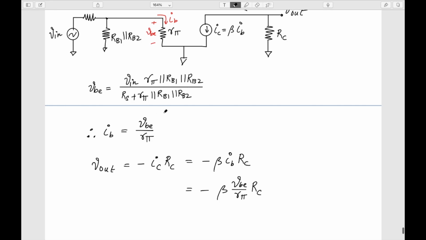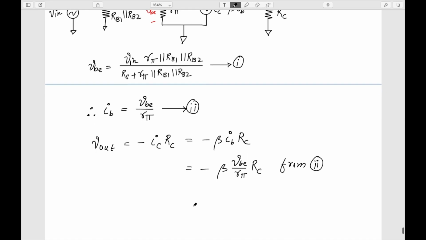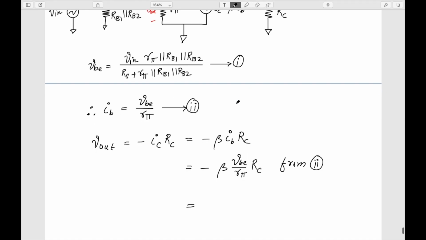And now I can substitute this one from this equation. So let's call this equation number 1 and this equation number 2. This one is from 2. And if I substitute the VBE from 1, what I'll get is minus beta RC R pi. I'm just bringing these three terms this side, and I can substitute VBE with this one.